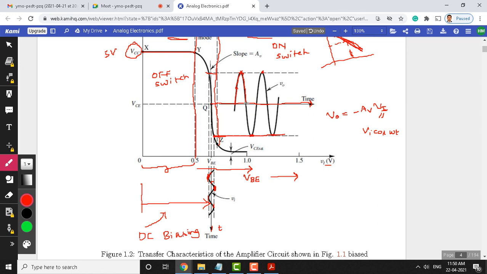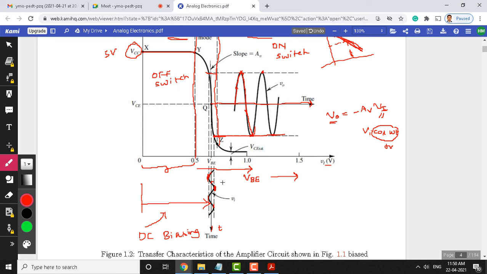Look at what happens to the output signal. When the input signal is going positive, the output goes negative, because the cos is negative. When cos is negative, the overall output becomes positive. When cos is positive, the output becomes negative. So the output goes to a negative peak, and again this kind of excursion will happen.